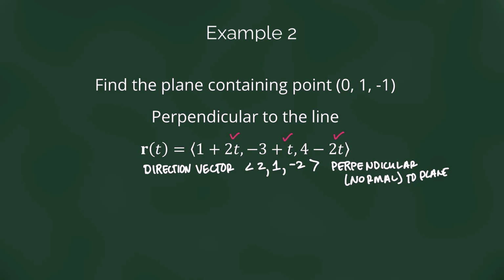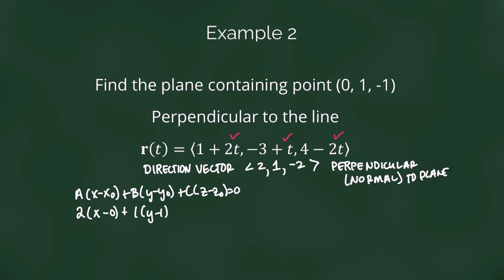So I'm going to write my vector, again, using a times x minus x naught plus b times y minus y naught plus c times z minus z naught equals 0. We're going to get 2 times x minus 0 plus 1 times y minus 1 minus 2 times z plus 1 because of the negative equals 0.